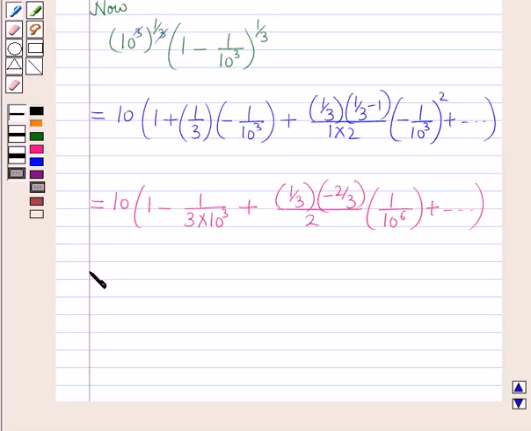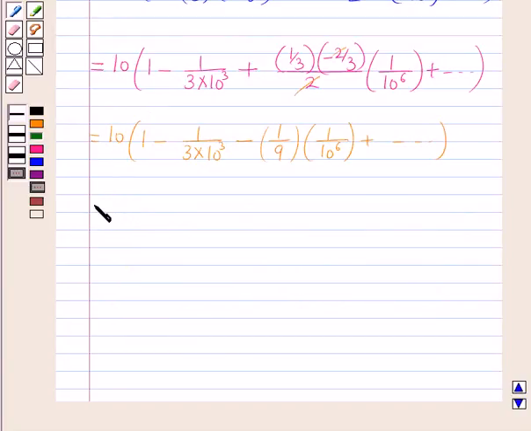Further, this will be equal to 10 into 1 minus 1/(3·10^3). Here it will be minus, since plus into minus is minus, and on calculating, 2 will be cancelled with 2 and it will be 1/9 into 1/10^6, plus so on.